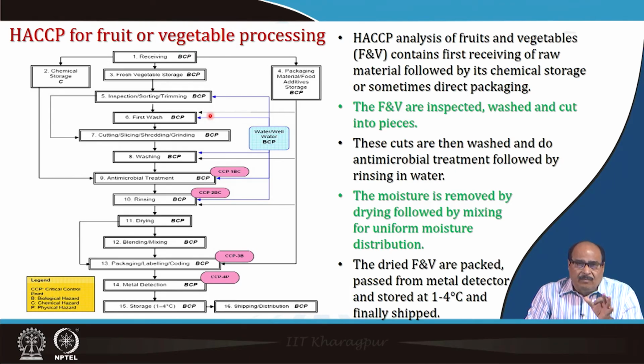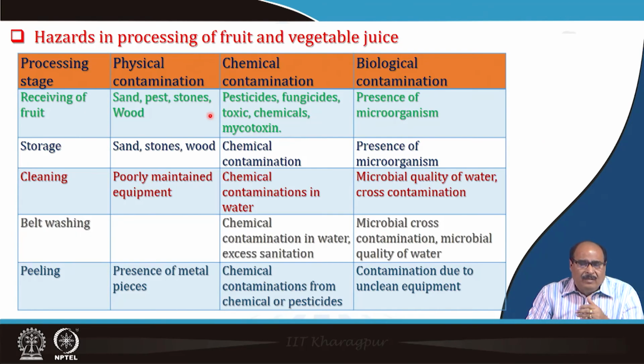Some points in the value chain are particularly vulnerable to the growth of microorganisms. For example, if we are sterilizing a product, here it is a CCP, a critical control point, to check that the pressure, heat, or other sterilant conditions are properly maintained. So, that becomes a critical control point, others may become normal.